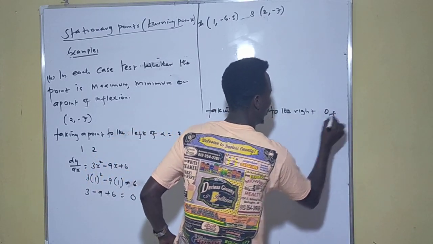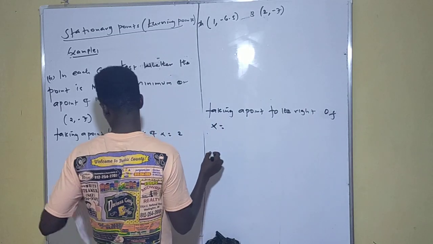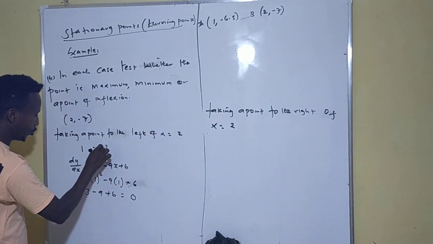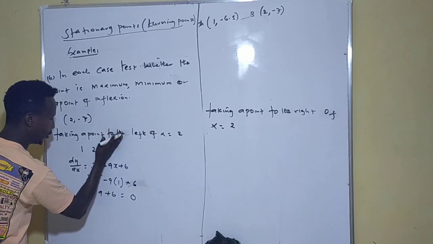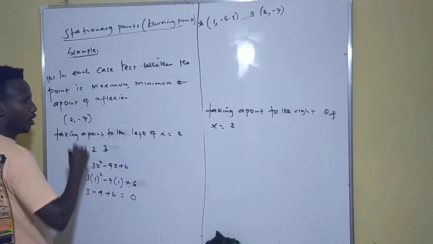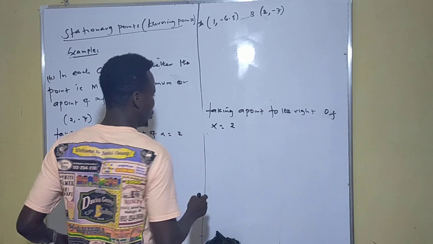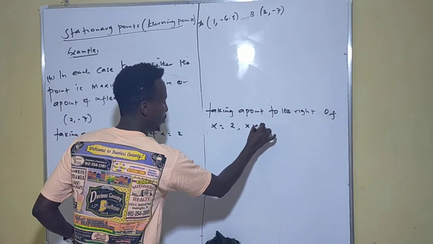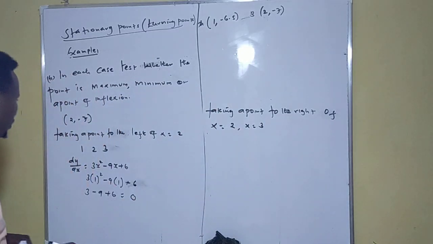To the right of x equal to 2, that will be 3. So I will take 3, and substitute when x is equal to 3.